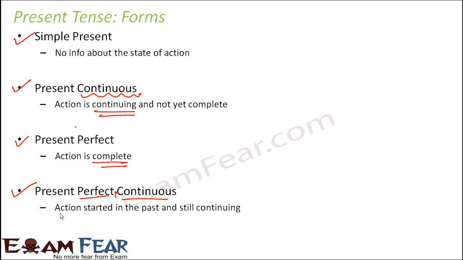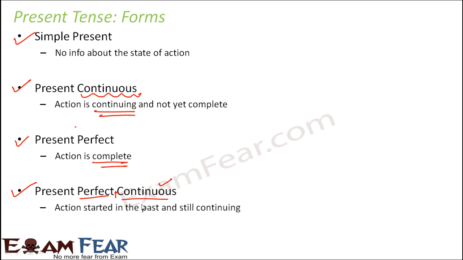So here the action is continuing, that is why it is continuous, but at the same time the action started in the past. The action had started before and it is still continuing. That way, you can say that it is a mixture of perfect and continuous. So we call it present perfect continuous. So these are the 4 forms of present tense.